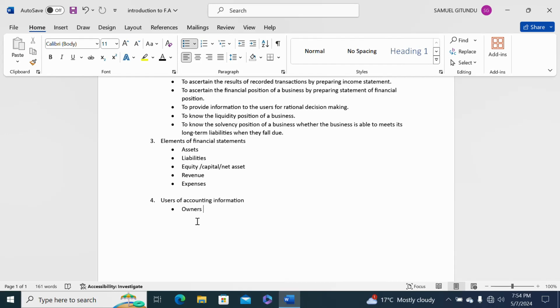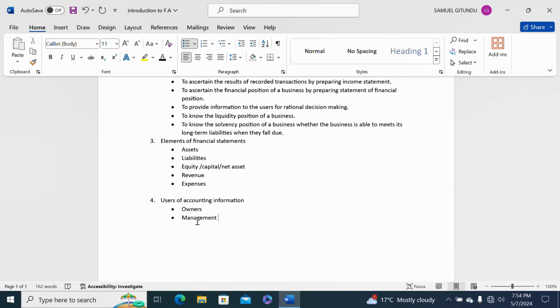Then the other users of the accounting information is the management. And the management, these are people who are entrusted to run a business on behalf of the owners. They are called the management.